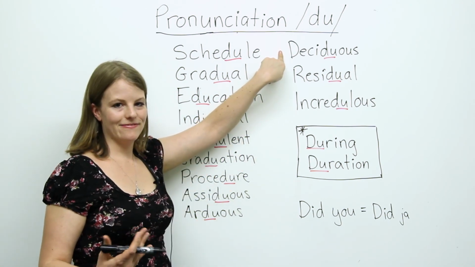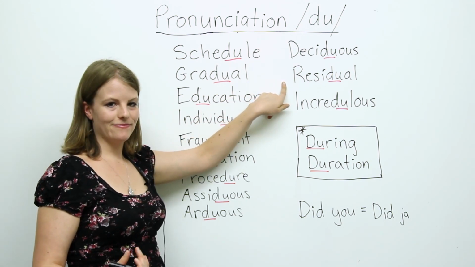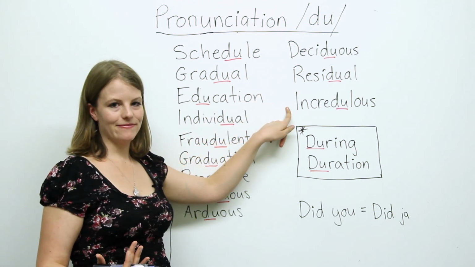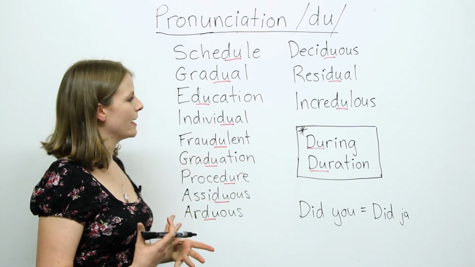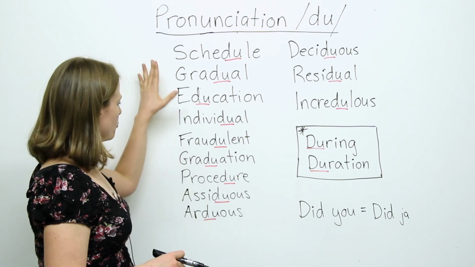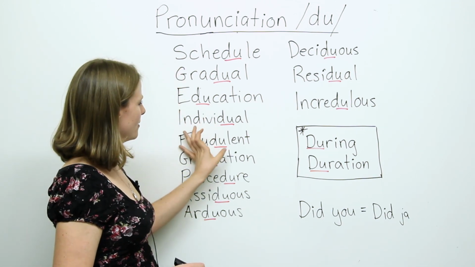Deciduous, deciduous. Residual, residual. Incredulous, incredulous. Okay? So notice where the DU is for most of these words. For the majority, it's not at the beginning. It's usually in the middle or towards the end.